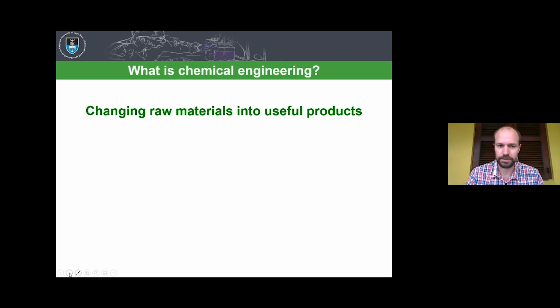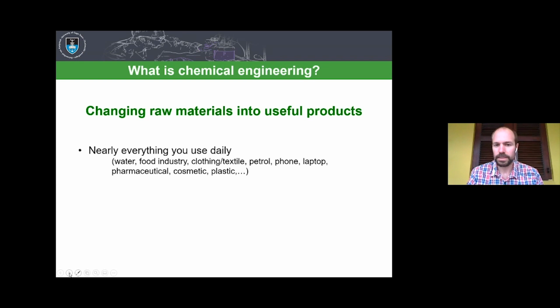So it's mining minerals and then turning that into metals like copper wire, telephones, making soap, making shampoo, making food, taking cotton all the way from the field into actual shirts, the petrol we put in our cars, everything that's in plastic, that all goes through a process, and those processes are typically designed and run by chemical engineers.